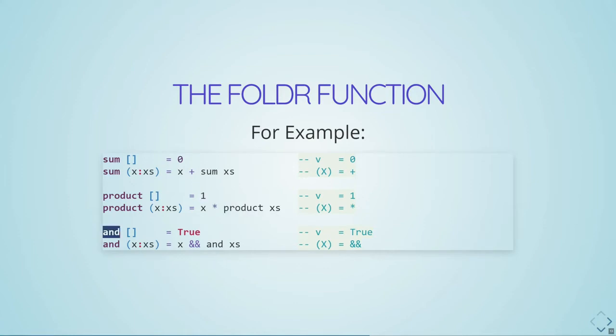And, which we just used a second ago to see if everything in the list is true, is the double ampersand, the double and that we use for and. That's what we're going to use for our x, and then the v value is going to be true, because anything and true is just going to be that anything.